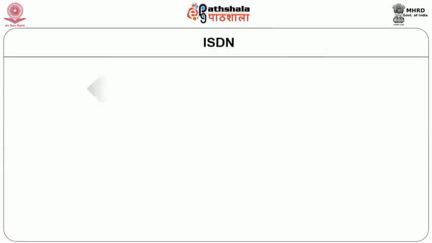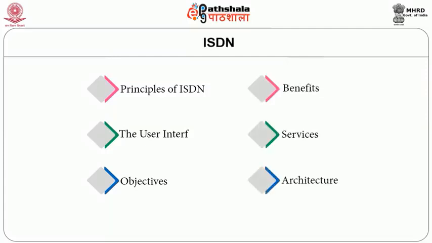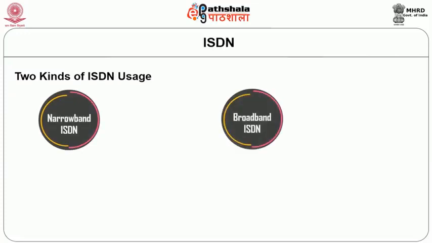And let us see what ISDN stands for, or what are the objectives, benefits and services, to an extent architecture. Wherever we are using ISDN, we will see two kinds of usage of ISDN. One is the narrowband, that is the bandwidth is very limited. The other one is broadband. So along with ISDN, these words are used. B stands for broadband, N stands for narrowband.